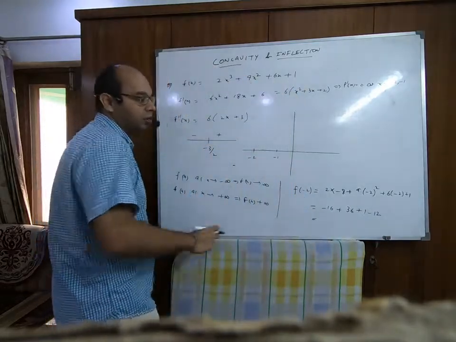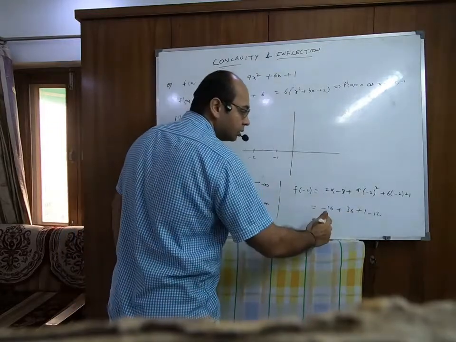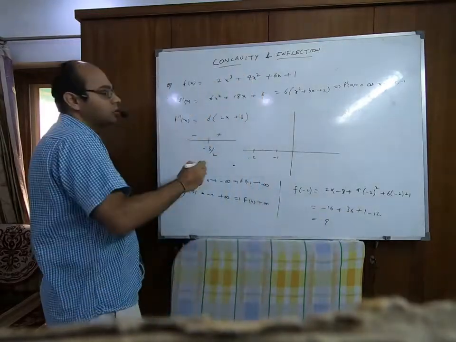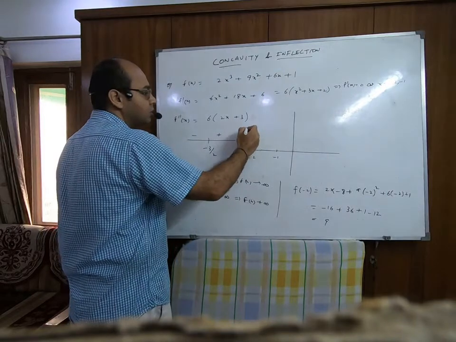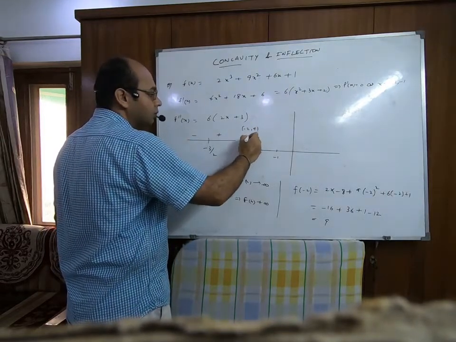Right? What will it be? 16 and 12 is 28, minus 19. That is a positive value. This means this is going to be your minus 2 comma 9.